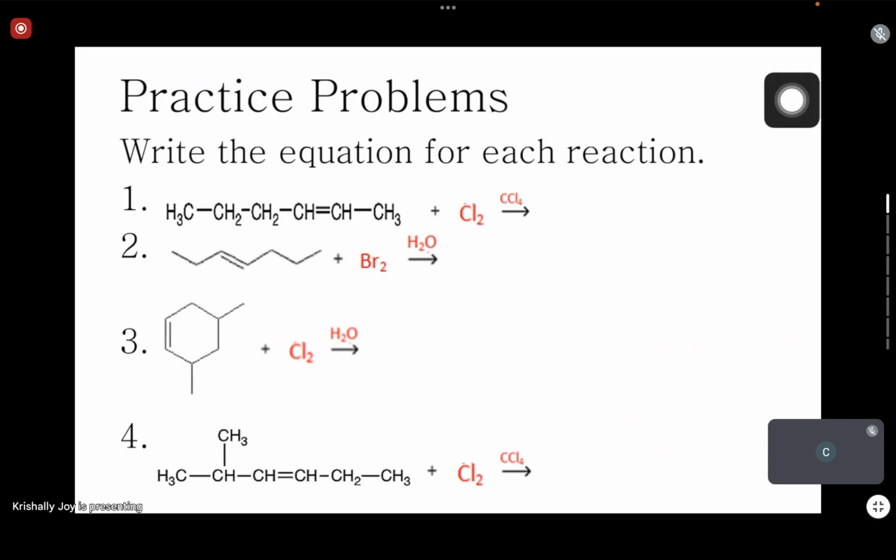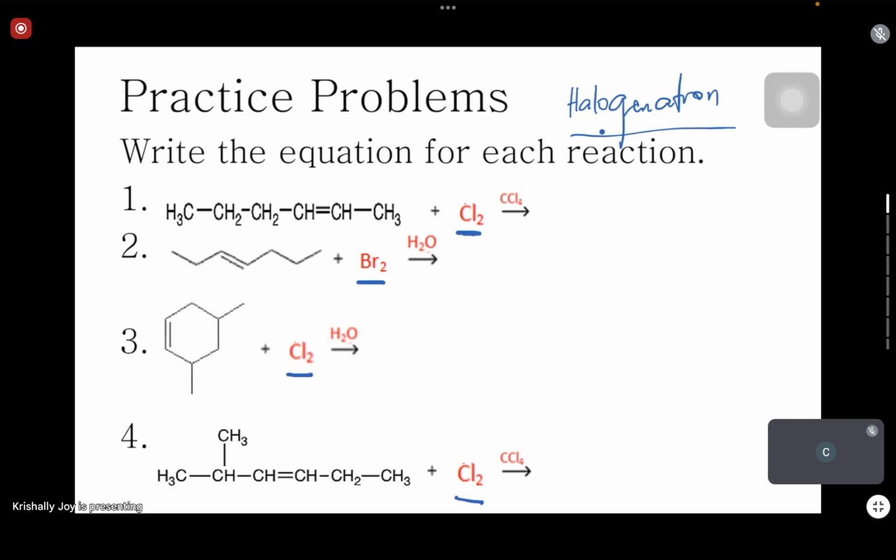All of the given are halogenation type of reactions. Take note, halogenation type of reaction. Look at the examples. All the alkenes on the left are added with chlorine gas, bromine gas, chlorine gas, chlorine gas. So that is halogenation.